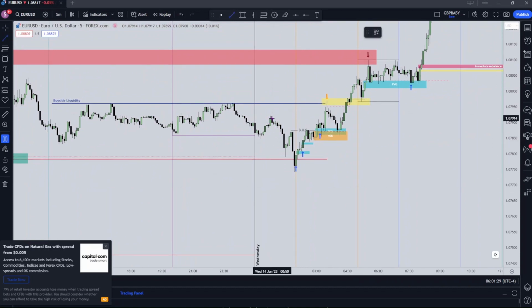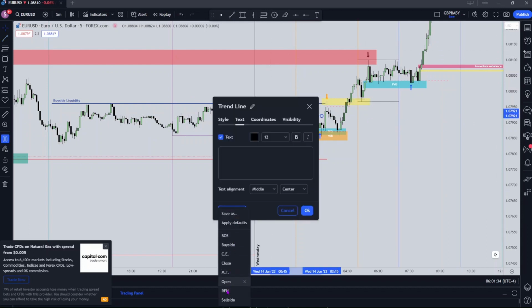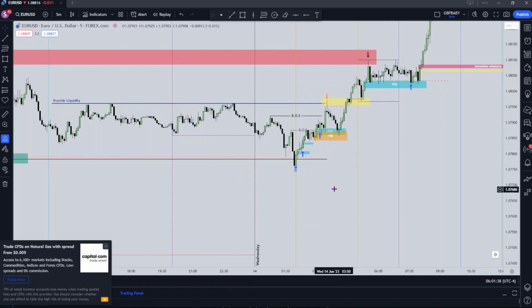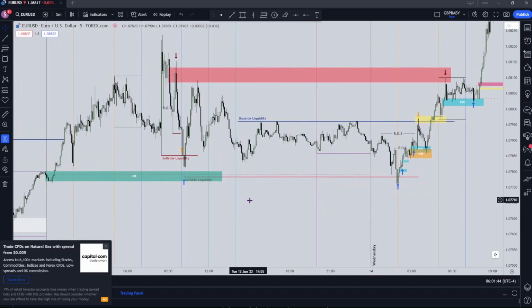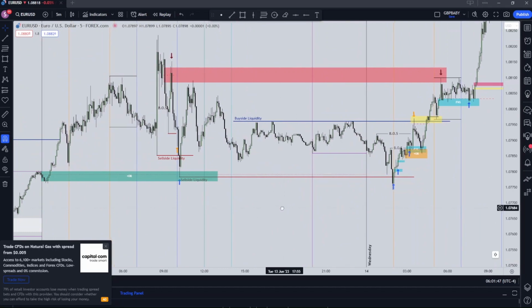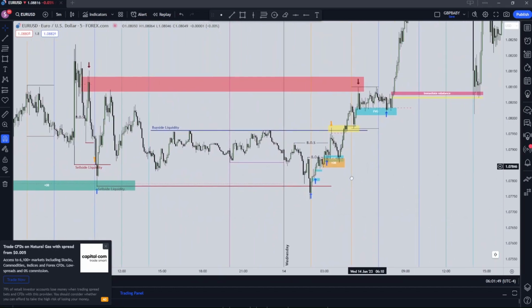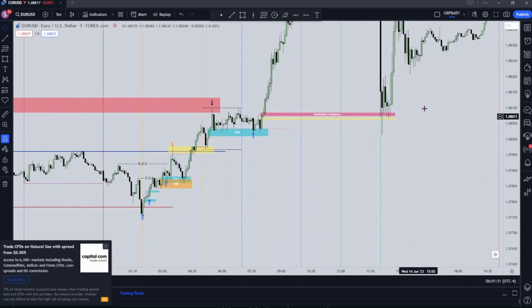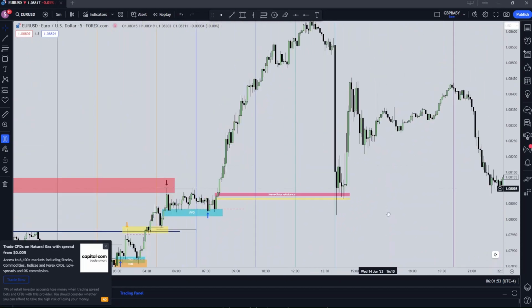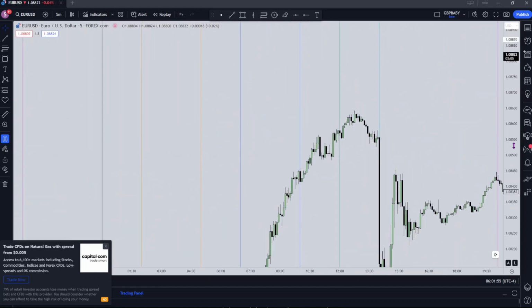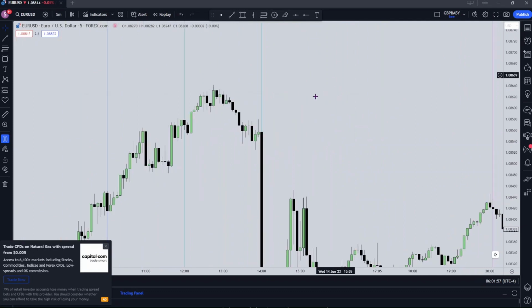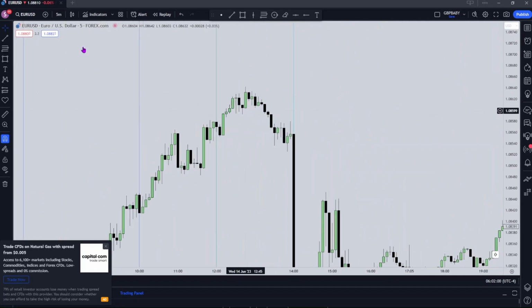I want to mark out this breakout structure as well. Let's see if we can see the breaking market structure that happens here.